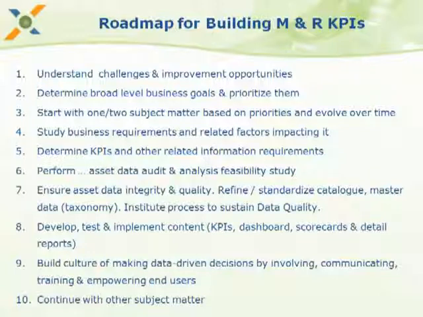So you can do an exercise for one particular subject matter, study all the aspects around that, understand all the factors that are influencing that particular goal, and then list, like in the previous slides I showed how the hierarchy is built.